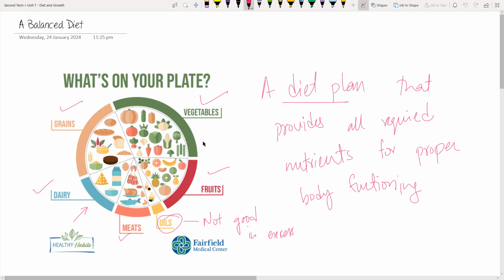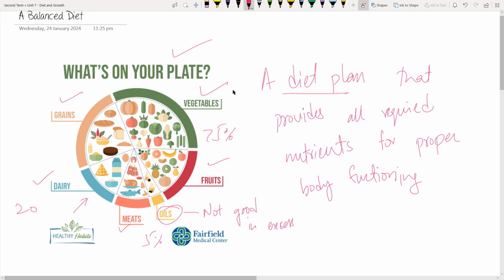About more than 75% is just from plants, then about 20% is from dairy and meats, and only 5% from oils. This is on average; different institutions, hospitals, and medical centers have different ratios, but this is the one I like the most. And this is a very balanced diet.